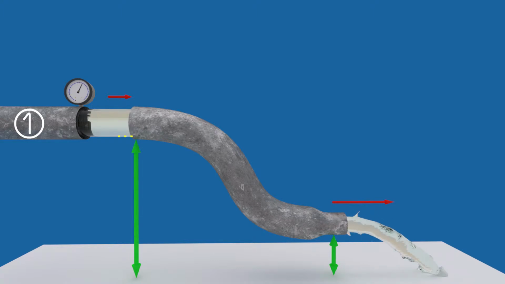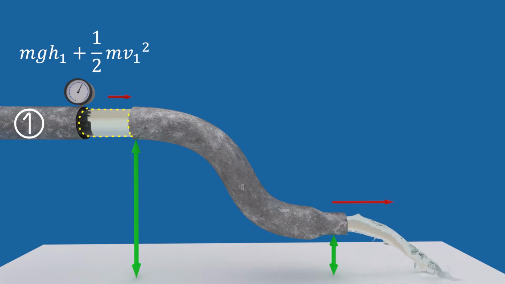Let us consider a cylinder of fluid in a pipe of mass m at cross-section 1 at a height h1 with respect to the ground. The potential energy of the cylinder equals the product of its mass m, the gravitational acceleration g, and the height h1. The fluid has a velocity v1 and thus a kinetic energy of 1/2 times m times v1 squared.